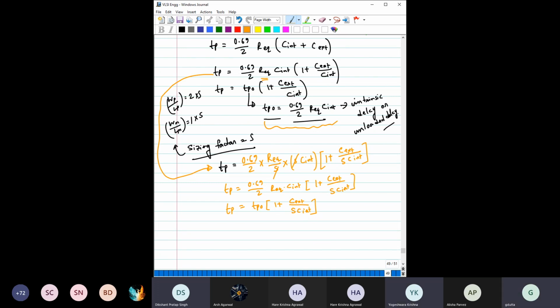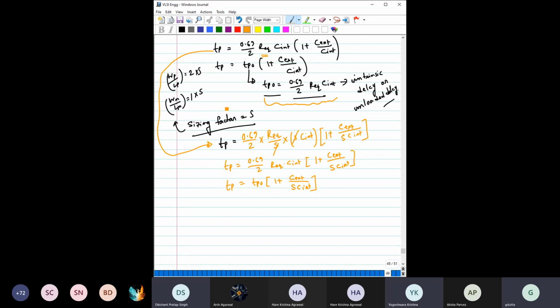right? So one very important observation from here is that if you size an inverter by any factor, then its intrinsic delay or unloaded delay is not going to change, right?